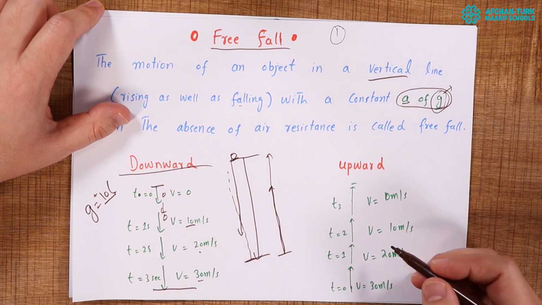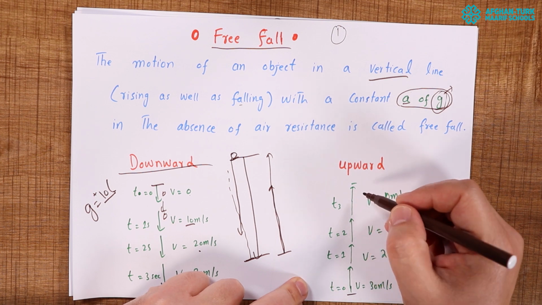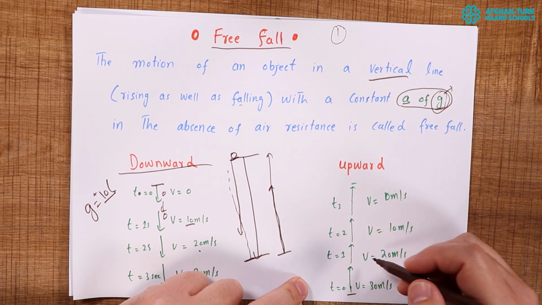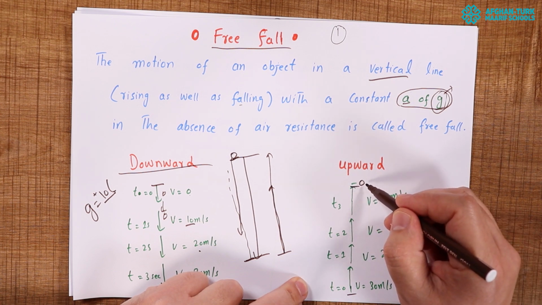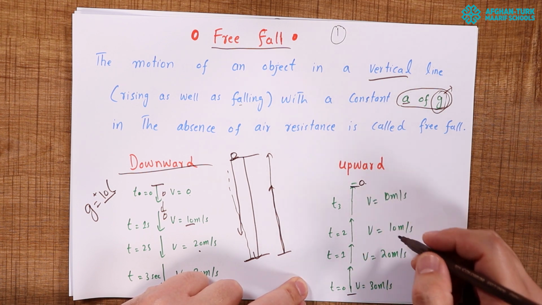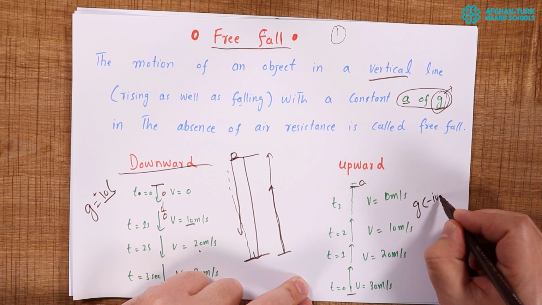Positive. And here, let's suppose this is the ball going upward. After every second its speed is what? Decrease. Finally its speed reaches 0. So if the object moves upward, we will take the g value as negative.